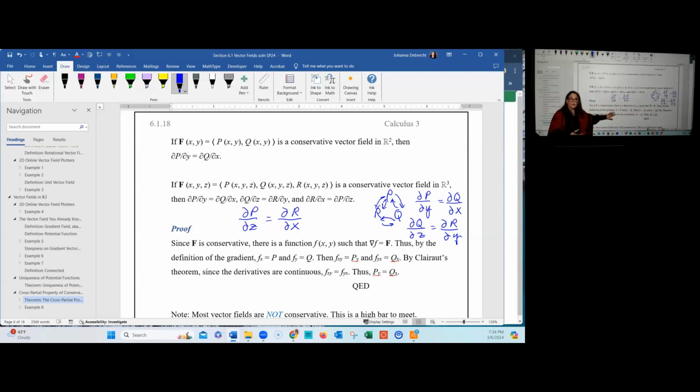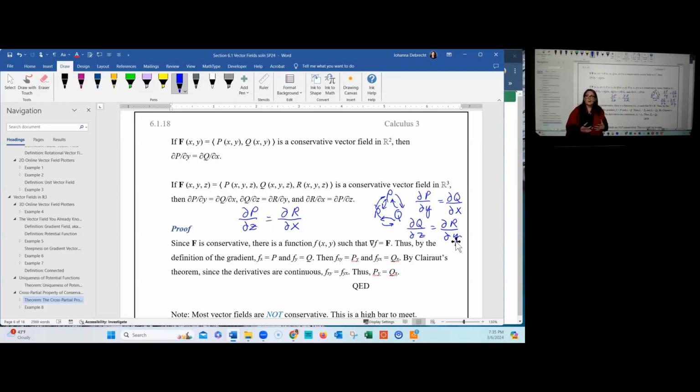By the definition of the gradient, that means the partial derivative of lowercase f with respect to x is P, and the partial derivative of lowercase f with respect to y is Q. Then if we take the mixed partials, the second partial derivatives, first with respect to x and then with respect to y, we're taking the partial of P with respect to y. And if we take the second mixed partial, first with respect to y, then with respect to x, we're taking the partial of Q with respect to x.